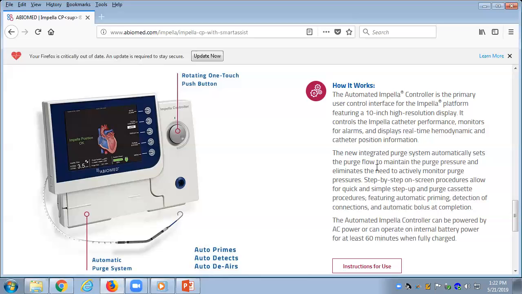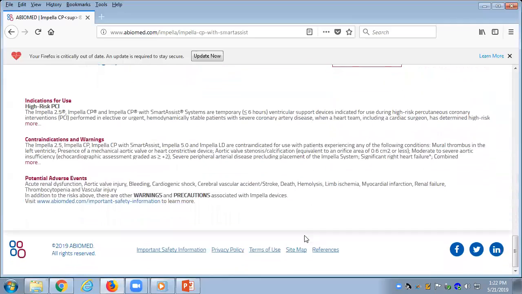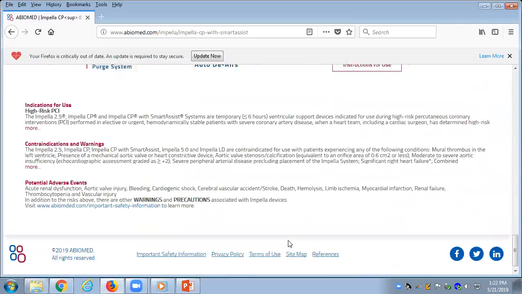There's nobody I can call to do that with a balloon pump. Not that I have a problem; it's not as technical, not as big an issue. But the fact that they committed to making this kind of support system is pretty cool.